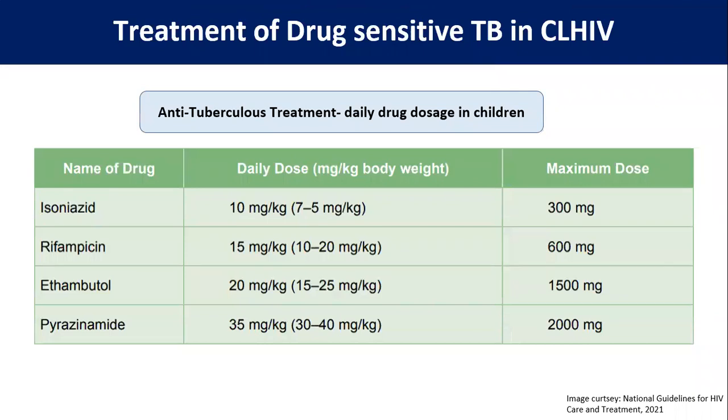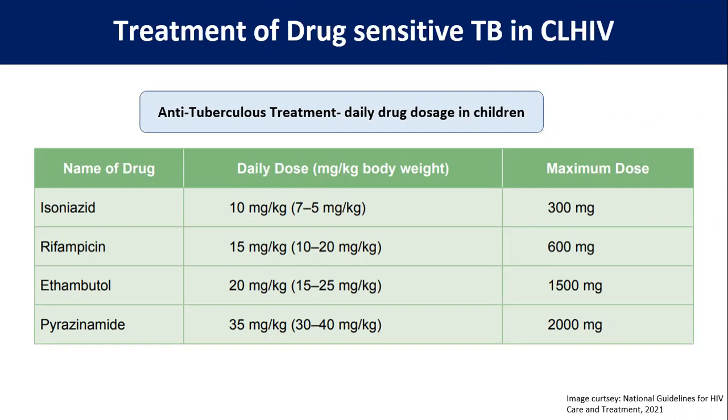And the treatment of drug-sensitive TB in CLHIV is again the same: isoniazid, rifampicin, ethambutol, pyrazinamide. But the important thing here to know for the ART center is that all pediatric patients cannot be dispensed ATT from the ART center, because we do not have the pediatric formulation in the ART center.